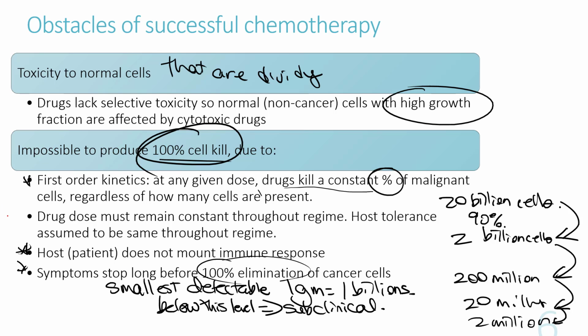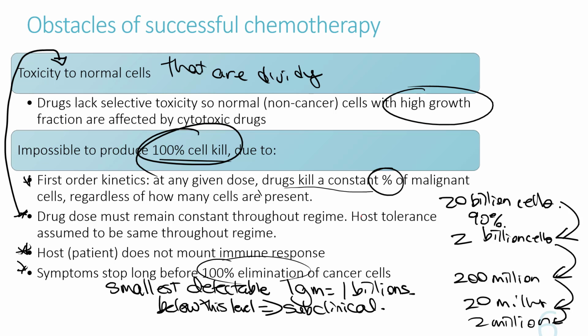And the last point has to do with toxicity to normal cells too, right? Drug dose must remain constant throughout the regime, even when the patient is getting weaker and sicker because of the effects of the actual chemotherapy itself, right? So we're assuming that the patient is as healthy after the 5th round of chemotherapy as they were before they even started, but in most cases we know that that's not the case.